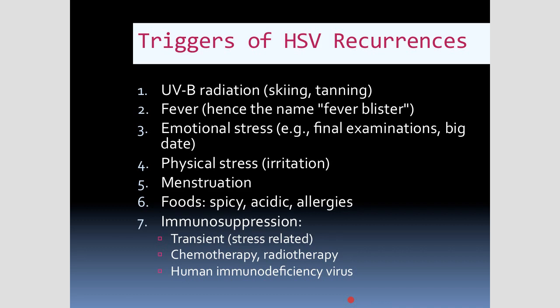Final exam stress is known to cause herpes infection in people, and shingles, it is a known fact. That's why the virus sits over there. Physical stress in terms of irritation, I taught you already. Women, very common in women because of the premenstrual period.